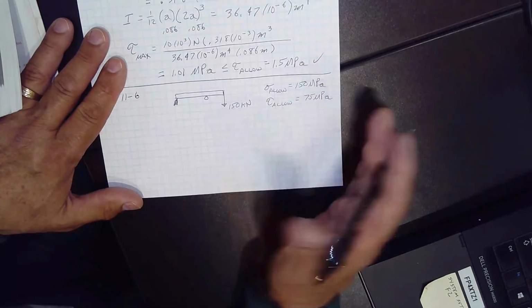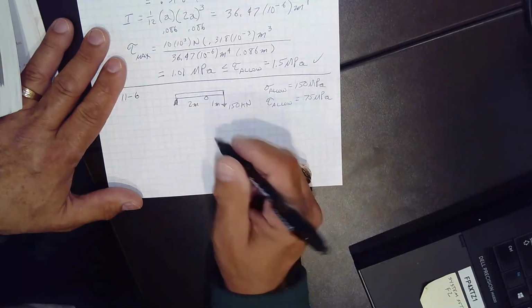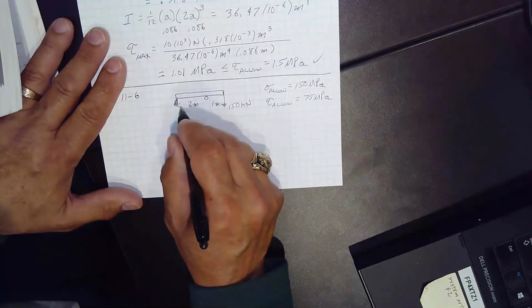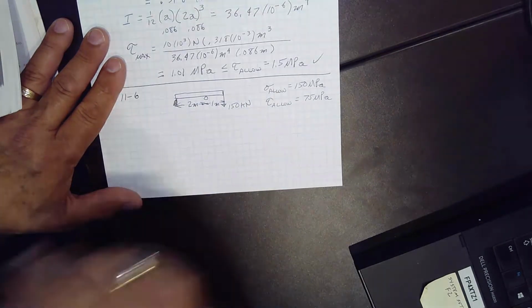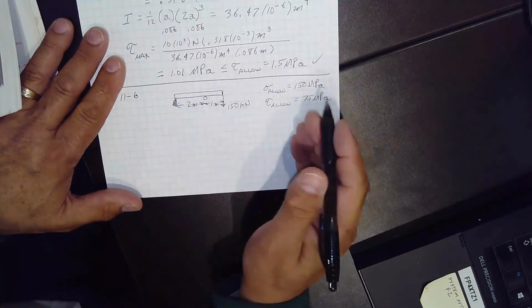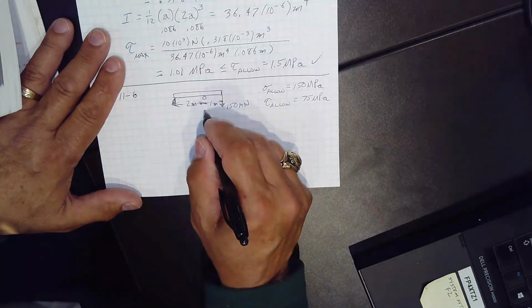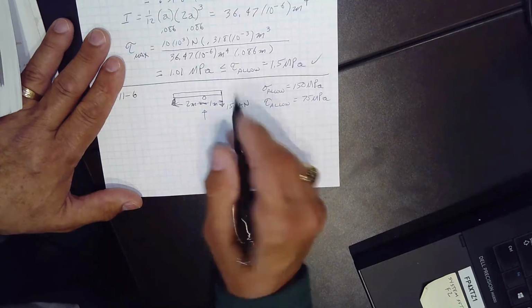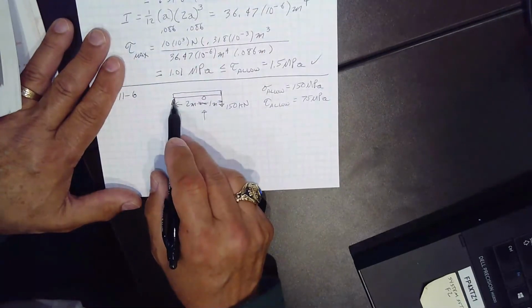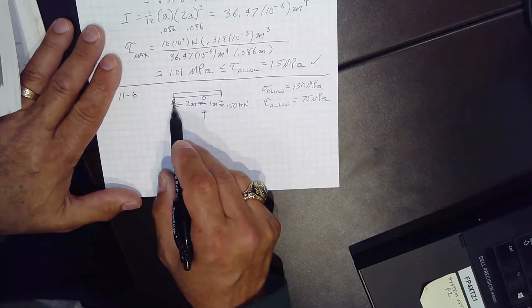So first thing we do is find the moment. Oh, this is 1 meter. This is 2 meters. So we got to find the maximum moment. Once again, first thing we do is find the reactions, right? So we're going to have a reaction here, and we don't know the direction of this reaction. But if we summate some moments about this point, it's going to be 150 times 3 minus something times 2.